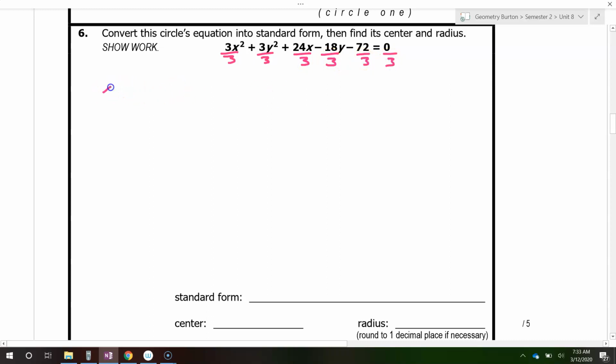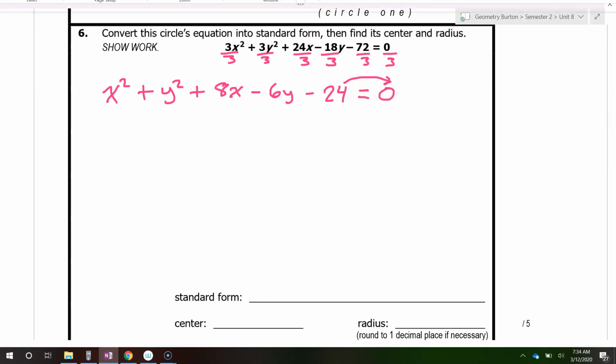That is going to give us x squared plus y squared plus 8x minus 6y. Now I'm going to rearrange this. I need to put all the x's together and the y's together. The 24 needs to go on the other side.